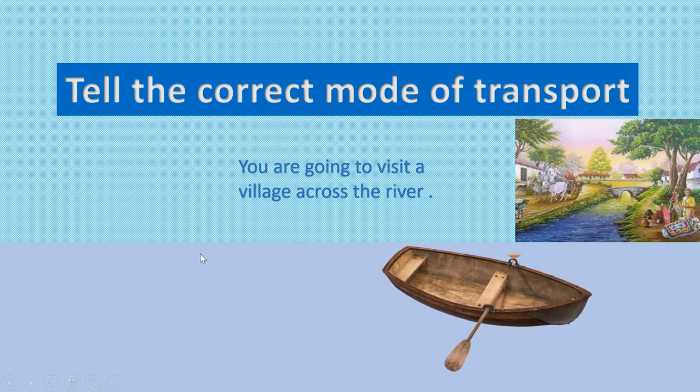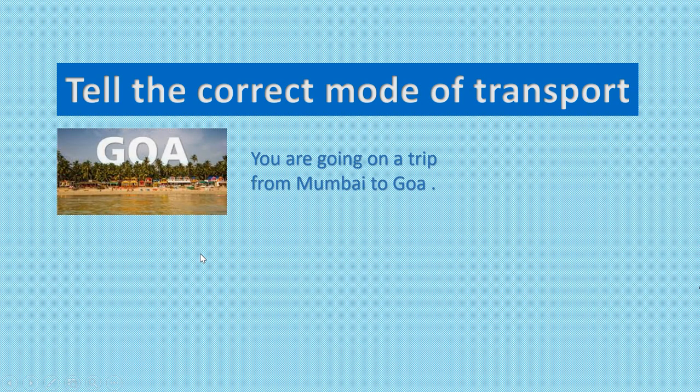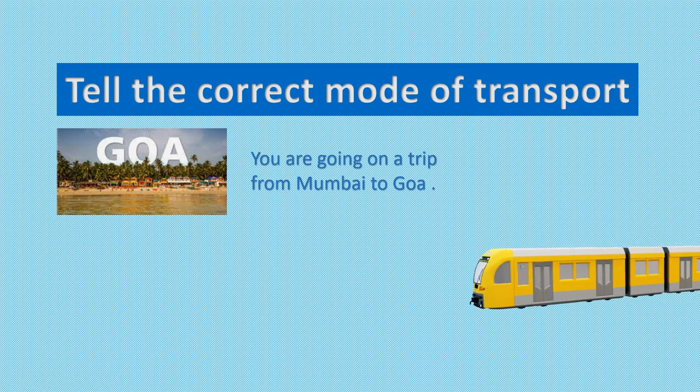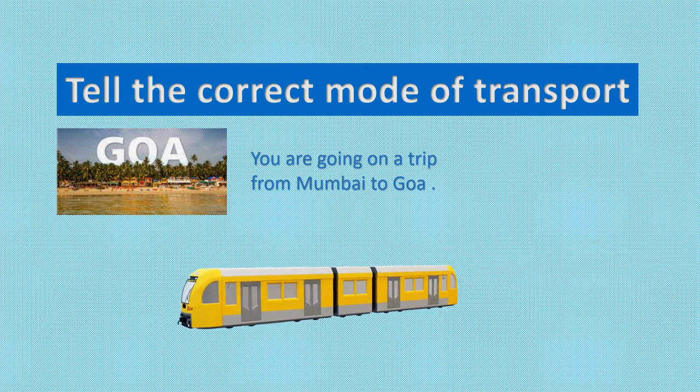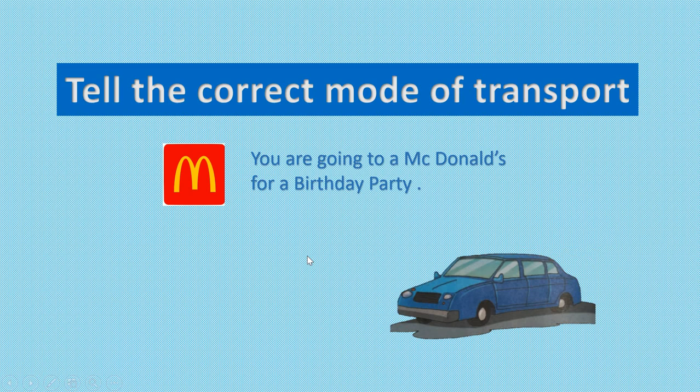Now we come to the next point. That is, if you're going on a trip from Mumbai to Goa, then which mode of transport will you use? You will be using the train. If you're going to a McDonald's for a birthday party, then you'll be going by a car.